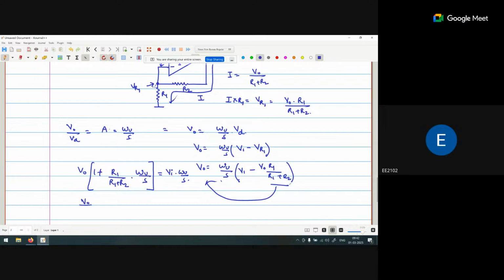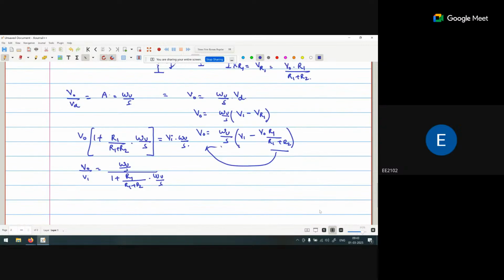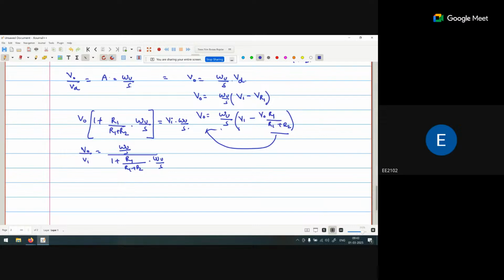So if I calculate V naught upon Vi, that is omega u by s upon 1 plus R1 upon R1 plus R2 times omega u by s. If I divide by omega u by s, V naught upon Vi is equal to 1 upon s over omega u plus R1 upon R1 plus R2.